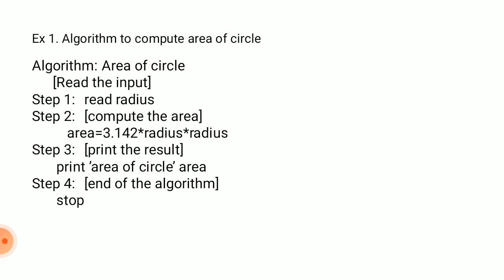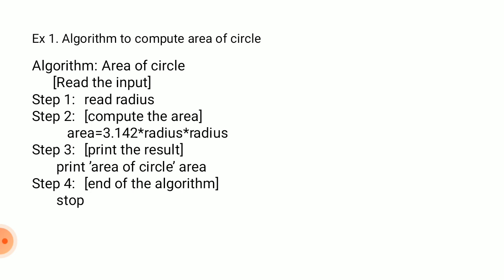So what do we have to read here? We have to read the radius. Before that, in the first statement, I have written the name of the algorithm: area of circle. Then in the second step, in square brackets, I have written read the input. Whatever statement I write within square brackets is nothing but an explanatory note.